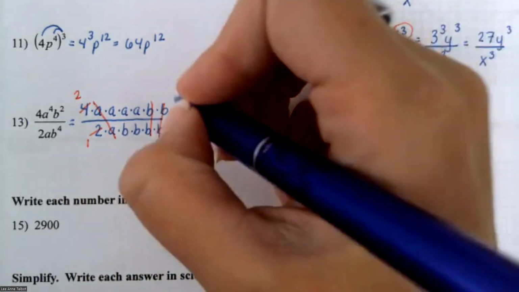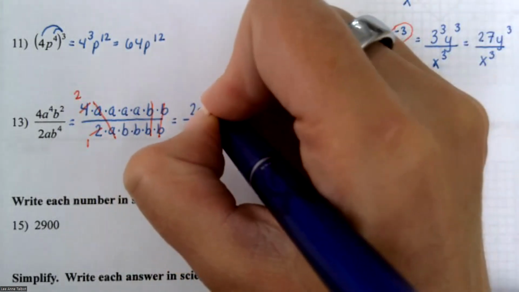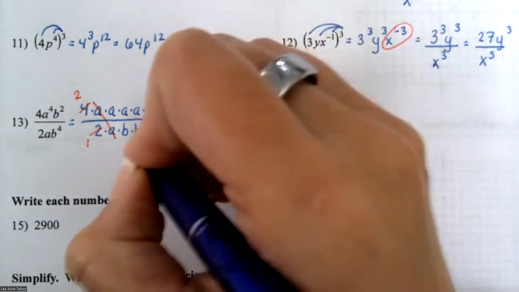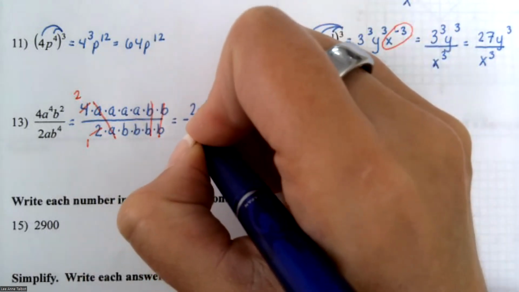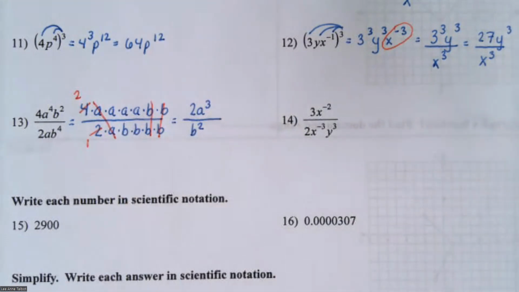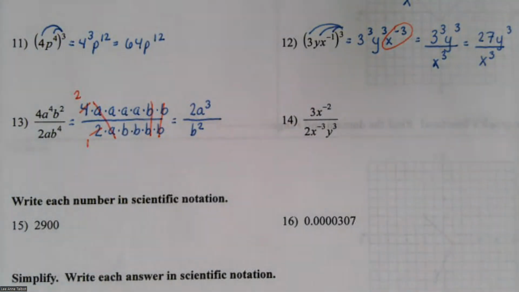So on the top, I'm left with 2a to the third. On the bottom, I'm left with b squared. It's technically 1 times b squared, but I don't usually put the 1 times in front. If you do, it's totally fine. I would not mark that wrong or mark it down in any way.